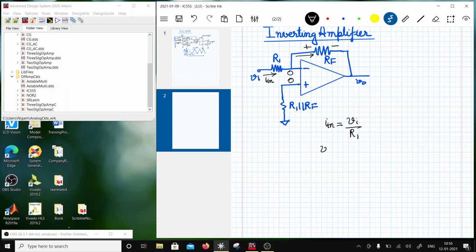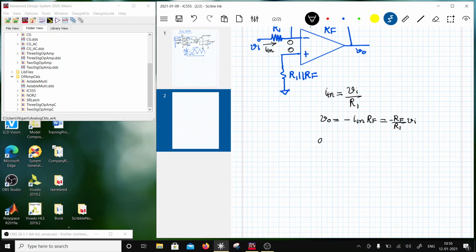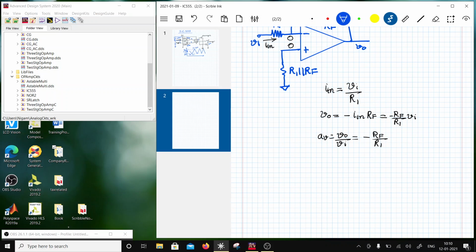The output VO would be equal to minus this current IN times RF, which is minus RF upon R1 times VI. So the gain AV equals VO over VI, which is minus RF over R1. This is the gain of the inverting amplifier.